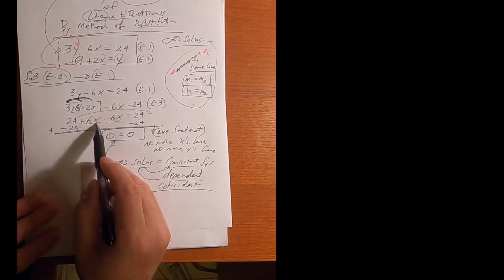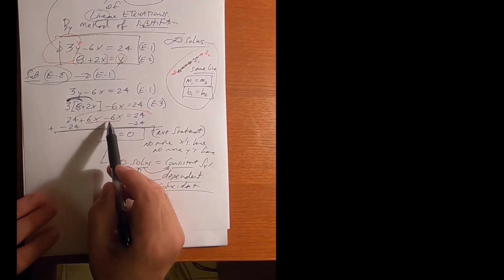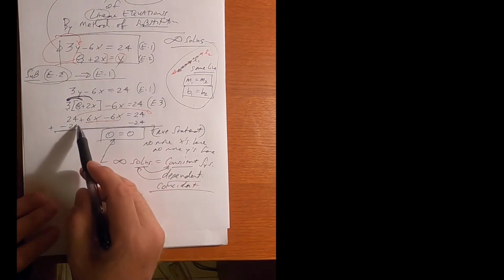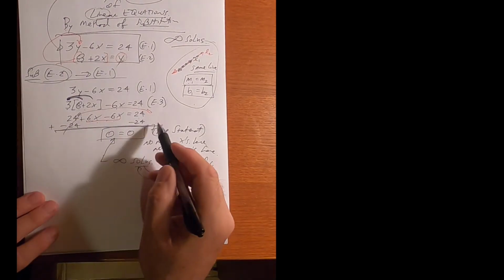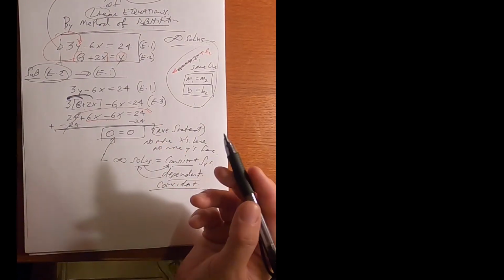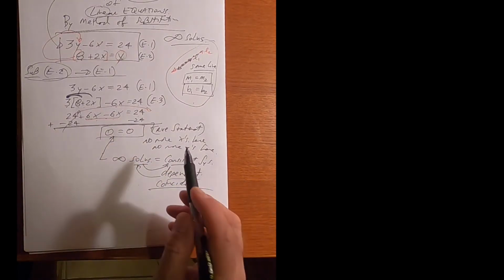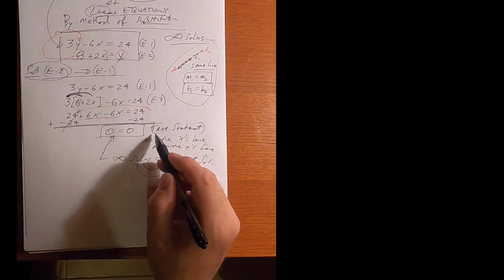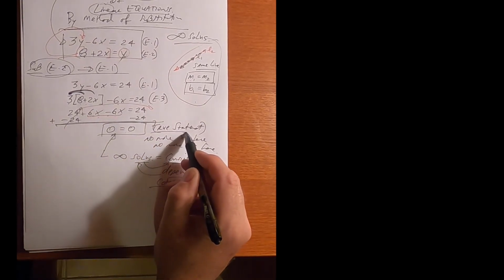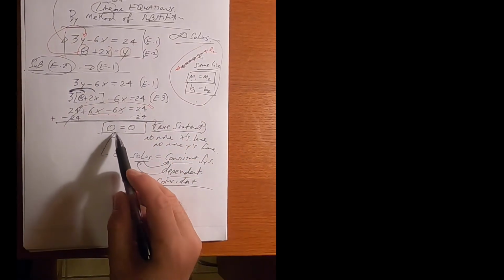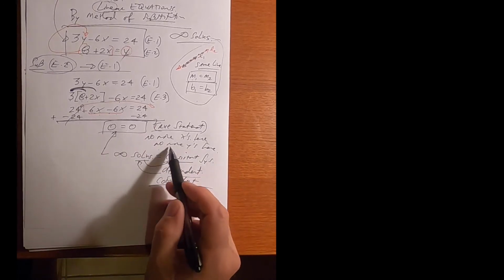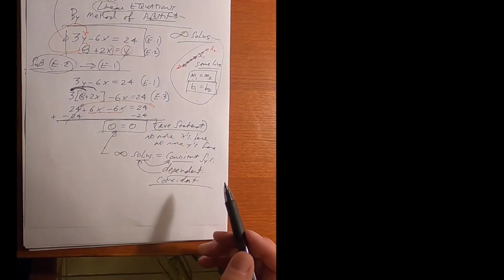We have 6x minus 6x, and then this side goes away, and that side goes away. So you've got 0 equals 0. And you may say, well, what's up with this? Well, you could just say that it's a true statement. 0 does equal 0. There's no x's in here, and there's no y's in here either.